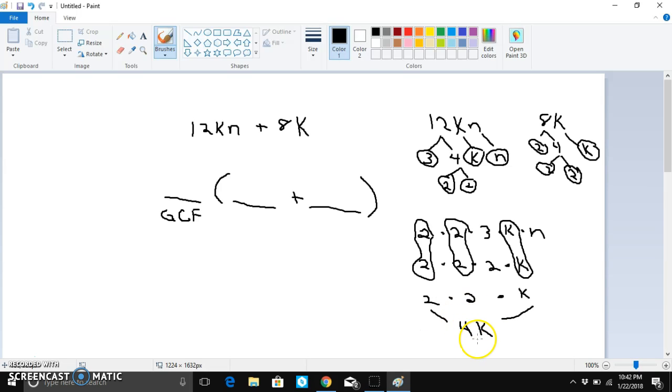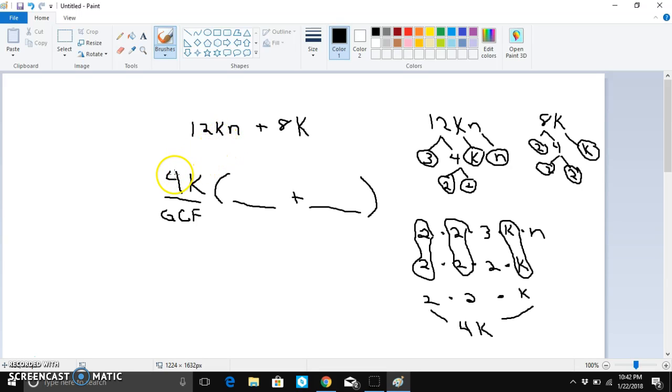So the greatest common factor goes in the blank space before the parentheses. So it was the factor that was distributed. Okay, so here's the tough part. We have to figure out 4k times what is 12kn.